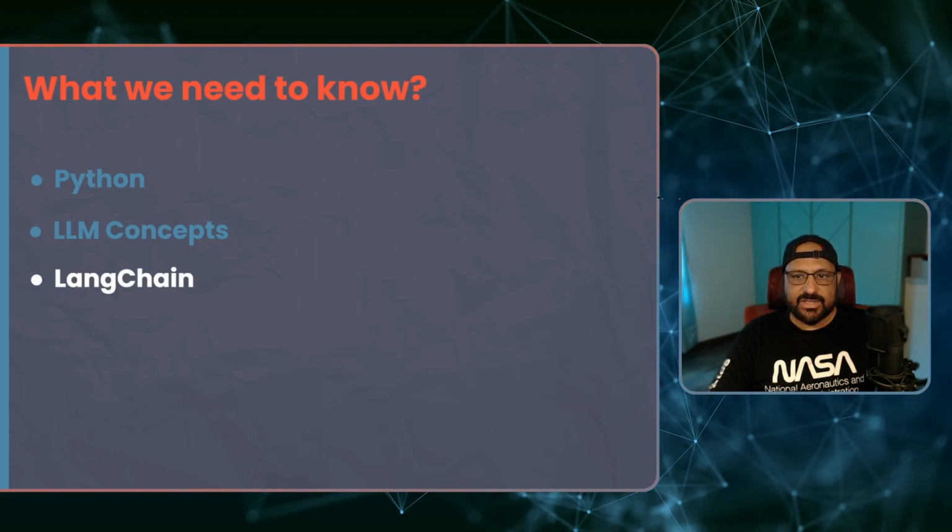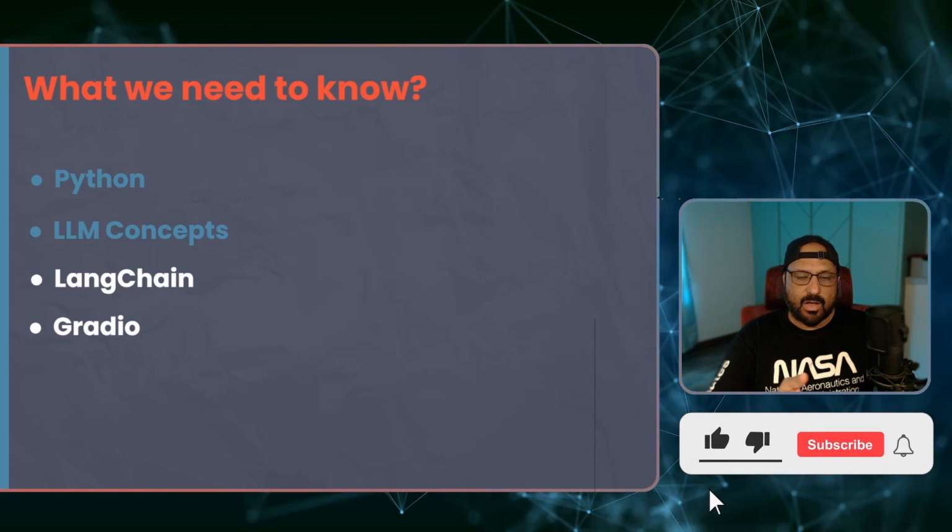Now LangChain and Gradio. These two things we have probably not covered, and these two components are being used as building blocks in our application, and these are the ones we are going to tackle next. We have seen our working application, what it does and how it looks.